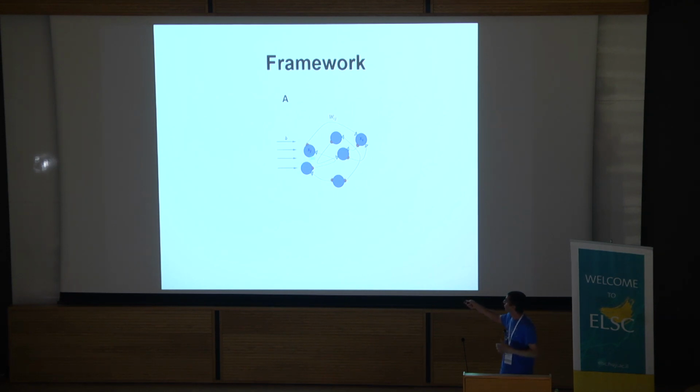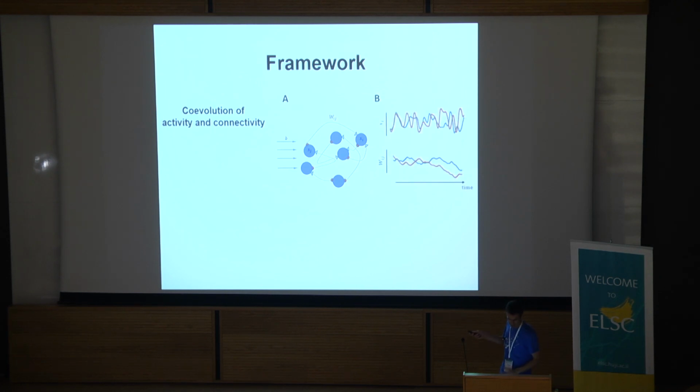There will also be activity-independent fluctuations, and later we will see whether we can recall the memory. That's it. So we need neural activity and connectivity to co-evolve. So we'll have x_i be the activity of the neurons, and w_ij be the weights of the synapses, and both of them will co-vary.